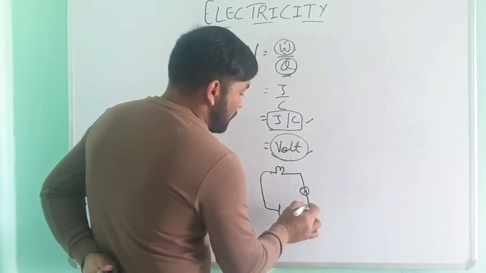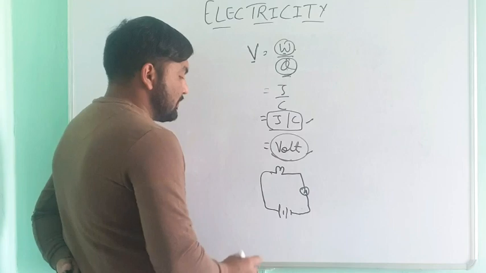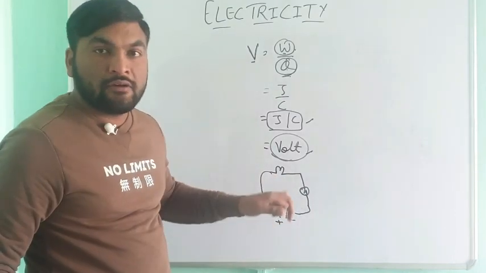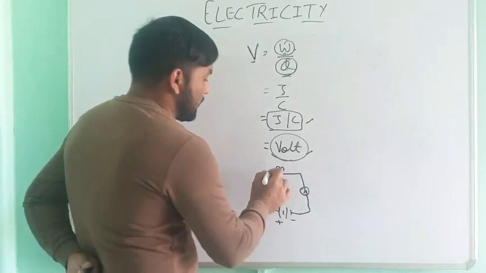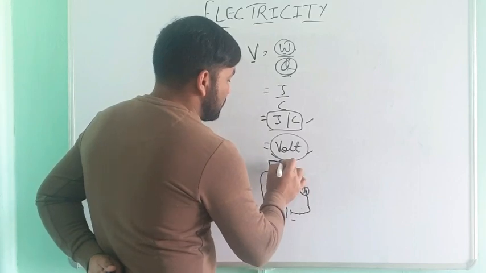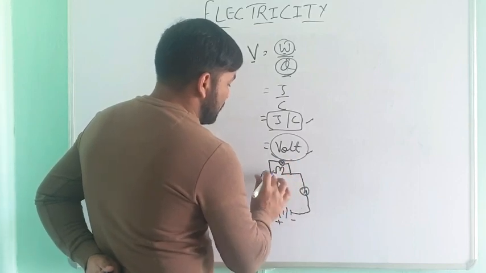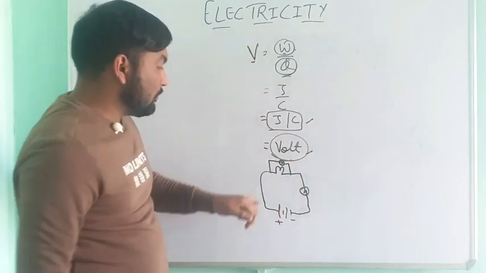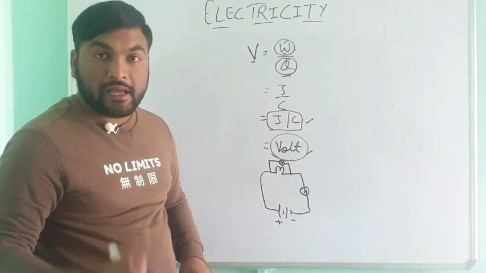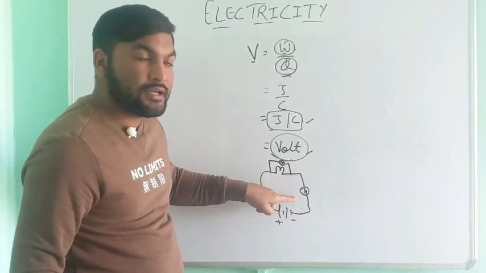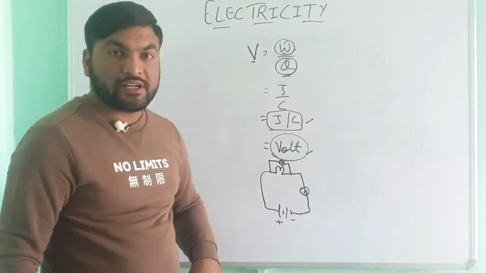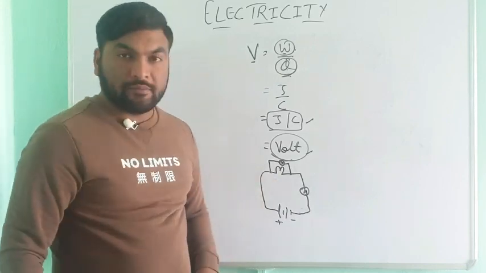To know the potential difference across the bulb, we will connect a voltmeter in parallel to this element. So we connect the ammeter in series to calculate the electric current, and the voltmeter in parallel to calculate the potential difference across any given element.